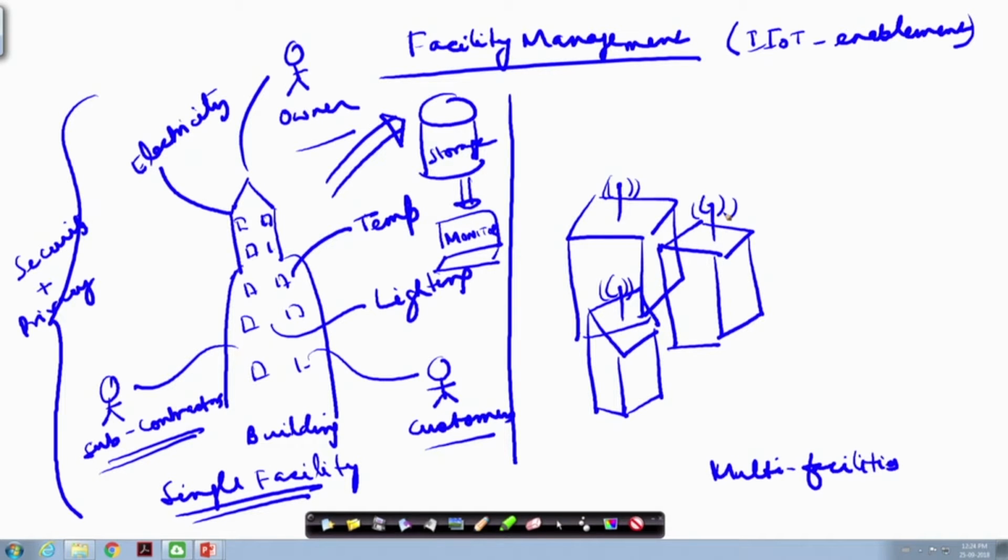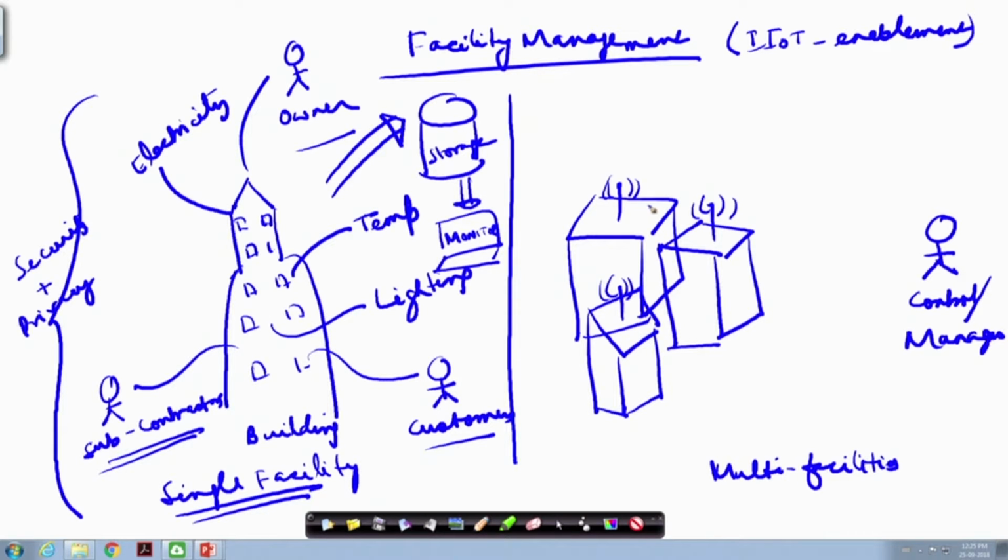So, we have these multiple collection units, and each of these buildings has its own subcontractors, and finally this data will have to be sent to the manager or the control station. There could be a facility manager sitting in a control station, keeping an eye on the entire facility.